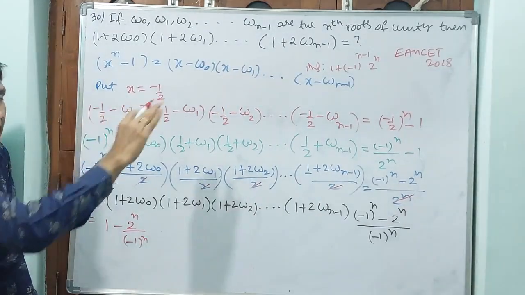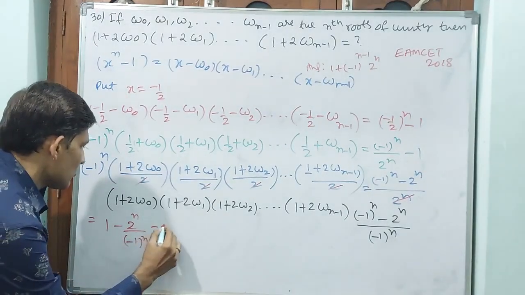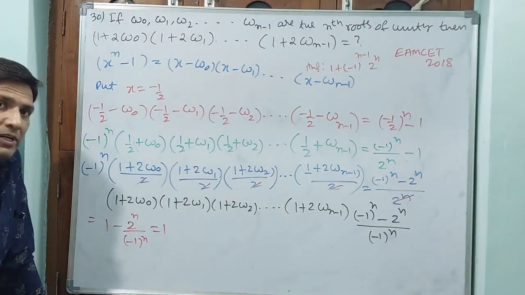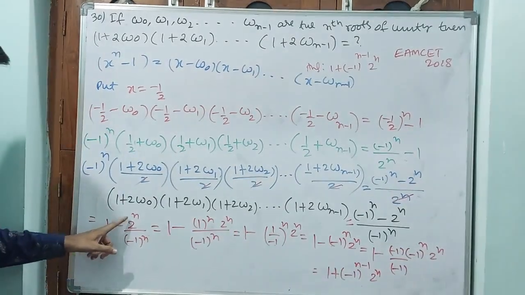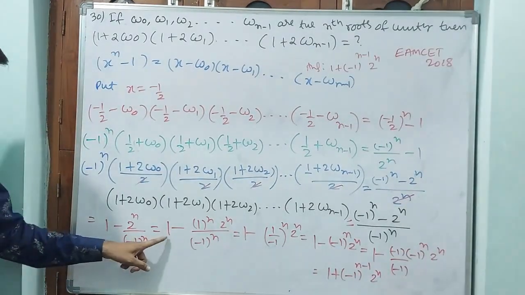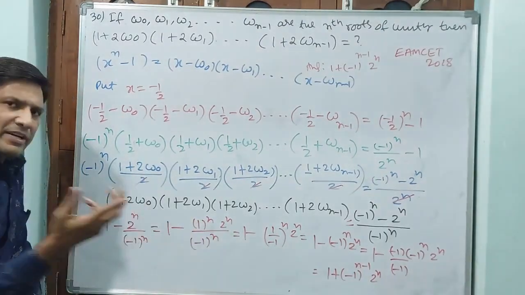How you are going to get the answer, observe carefully here. 1 minus 2 power n by minus 1 power n, that is equal to 1 minus, what I have done, I have brought 1 power n. 1 power n is 1 only.